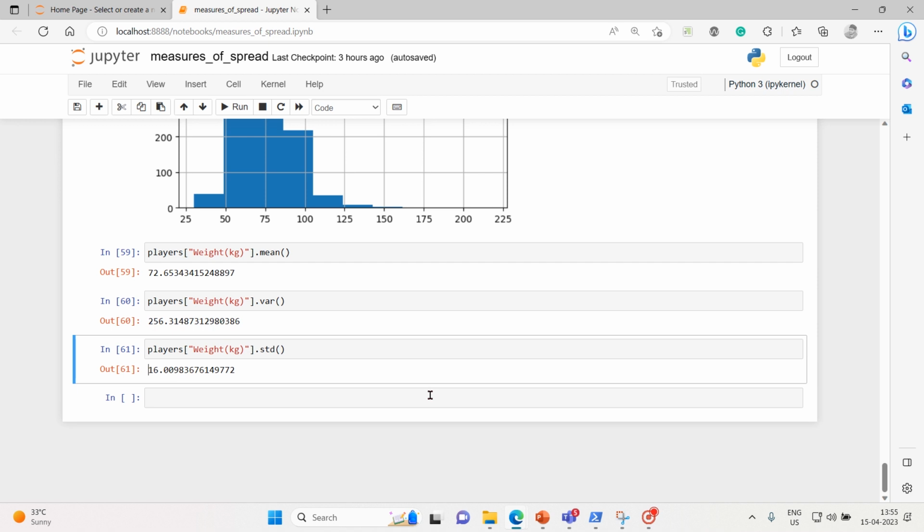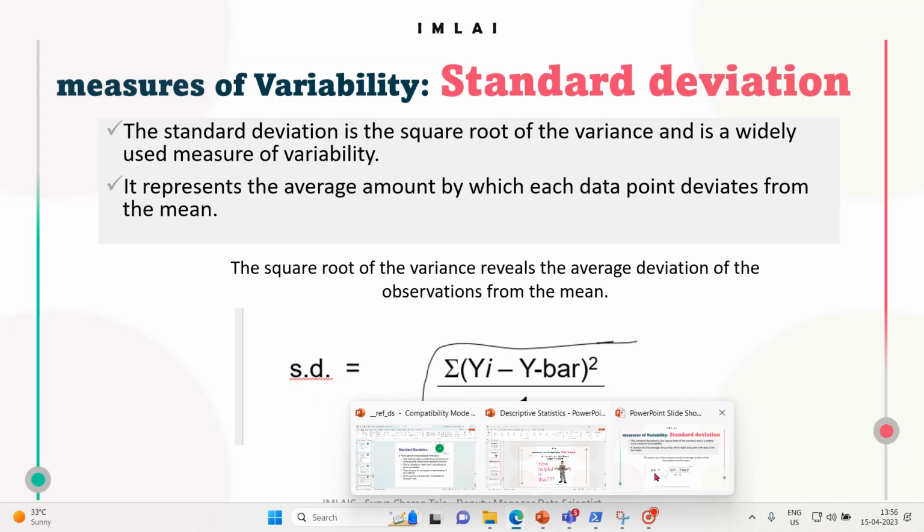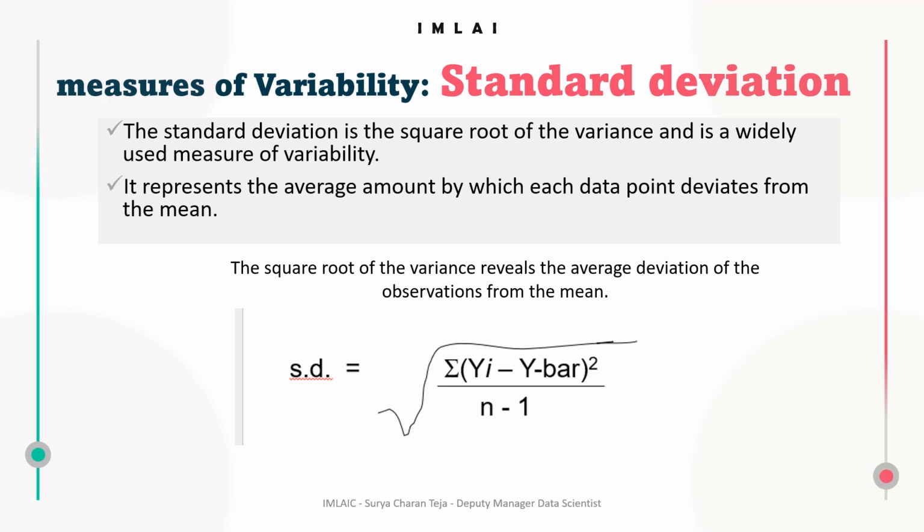This is the example of standard deviation from a real-world data set. To make it simple, standard deviation is the square root of the variance, and it represents the average amount by which each data point deviates from the mean.